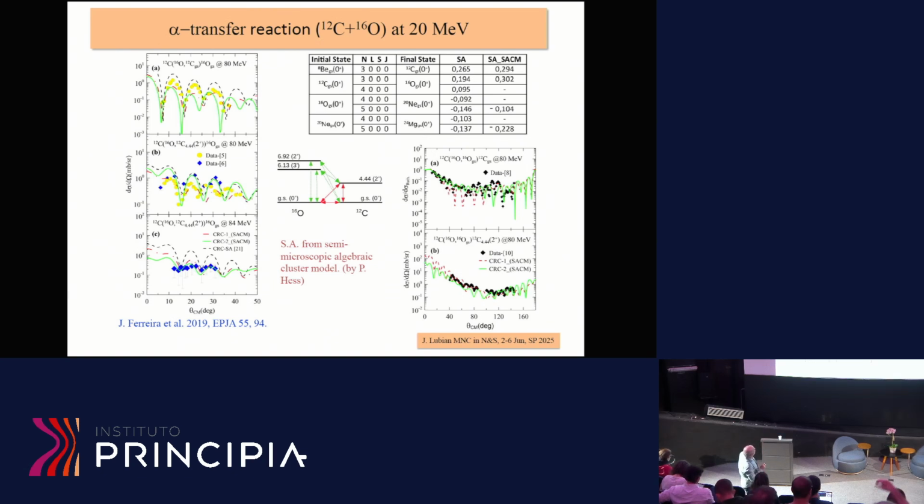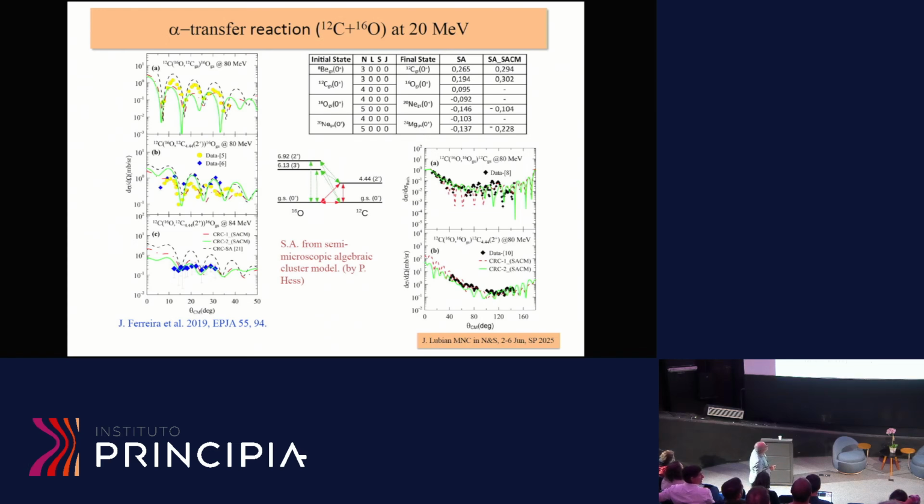Both of them give a good description of the elastic scattering, inelastic scattering, and the alpha transfer reaction. In this case, the spectroscopic amplitudes were calculated with the semi-microscopic algebraic cluster model by Peter Hess from Mexico, our collaborator.